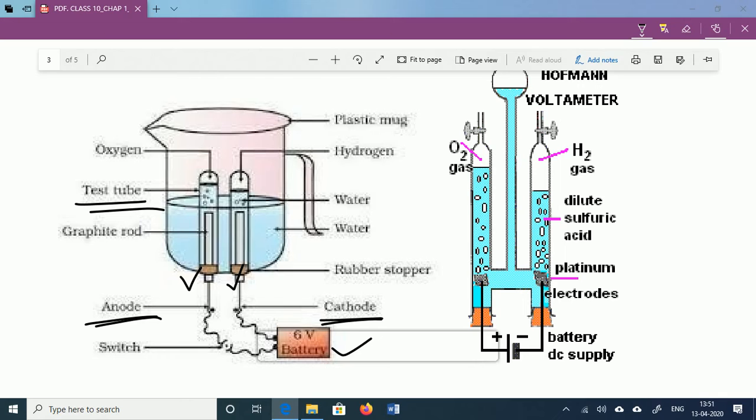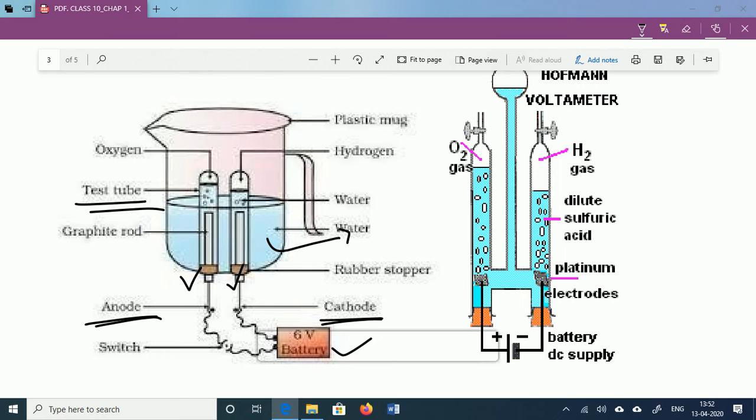In this process there is water, right? Water is a poor conductor of electricity, so to increase the conductivity of the water, we add a few drops of H2SO4. The purpose of the H2SO4 is to induce the ionization of the water molecule. The water molecule does not easily undergo ionization, but it does in the presence of an acid.